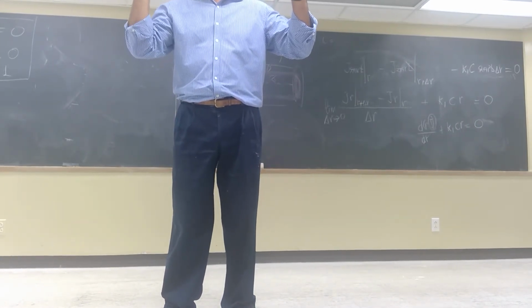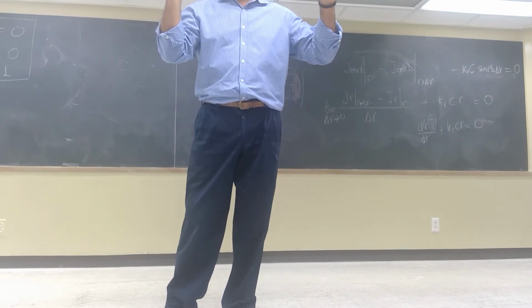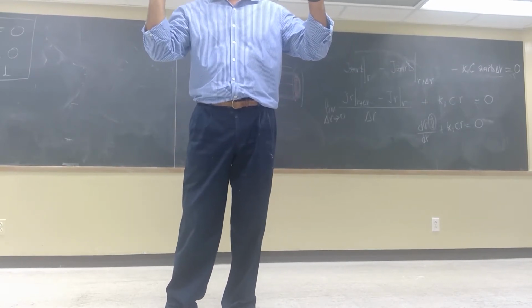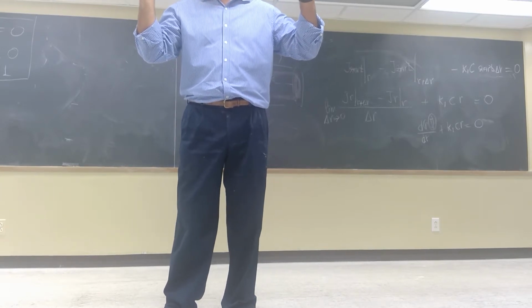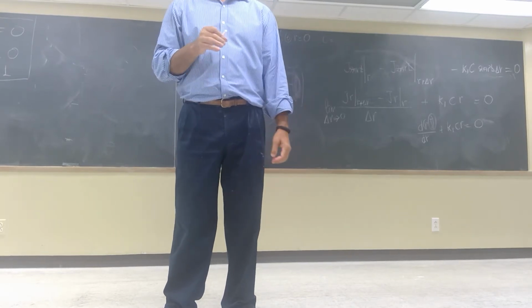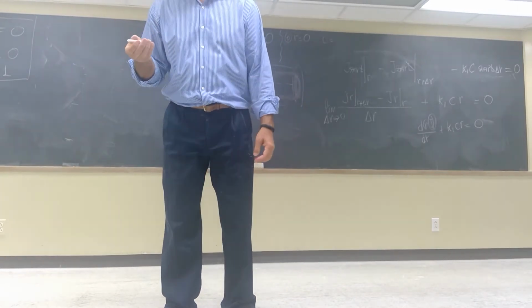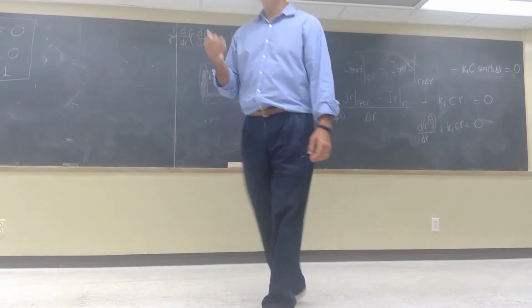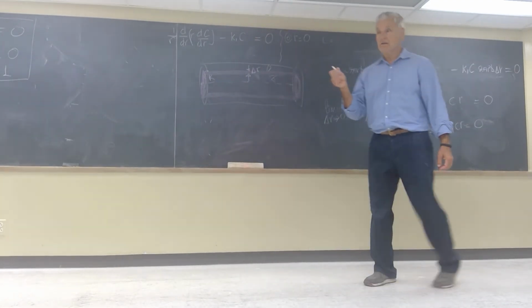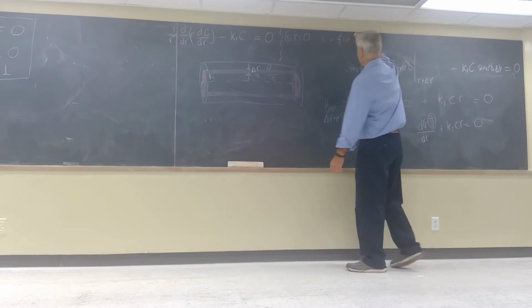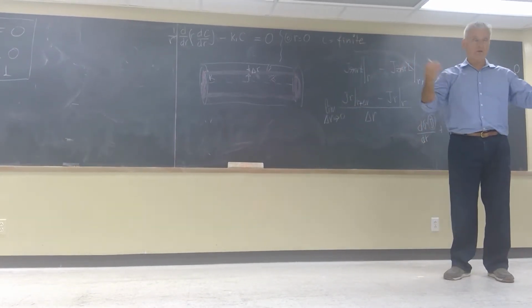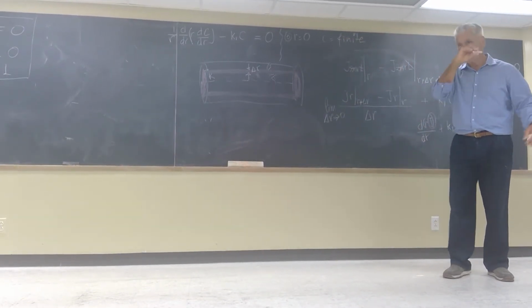At the time with velocity, dv dr equals 0 was equivalent to saying that the velocity is finite. Finite means not infinity. It doesn't go to infinity.